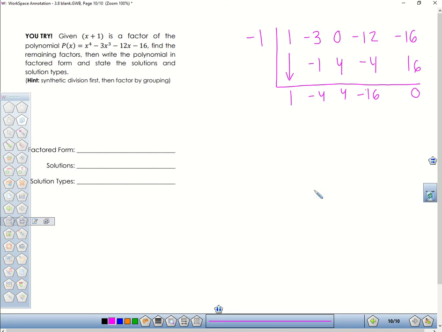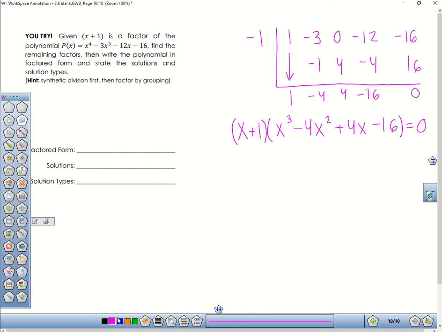If it's already there, it's 1. If you haven't put it in yet, it's got to be the 0. To factor this, you're going to have to do factor by grouping. This one's a little bit more tricky.